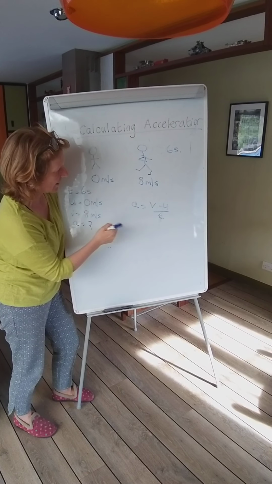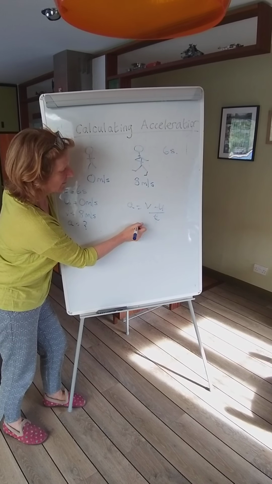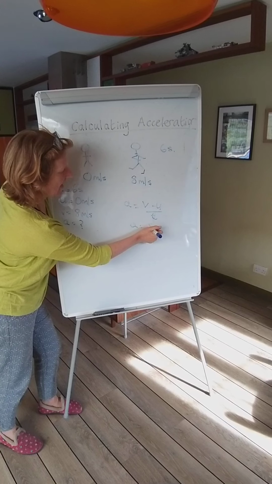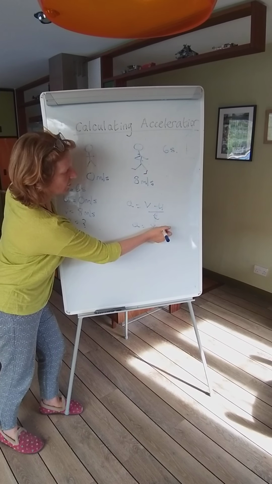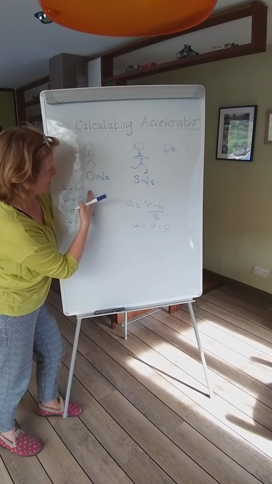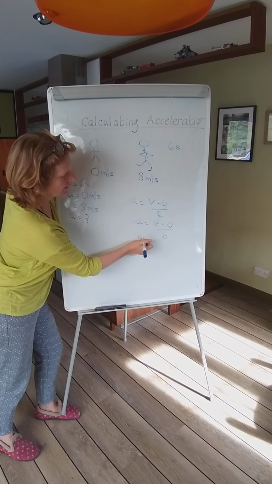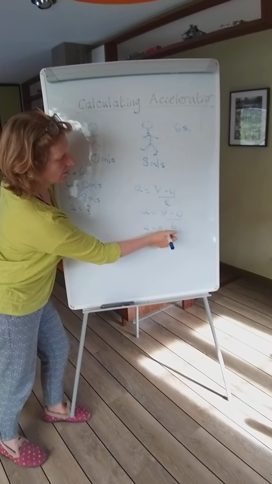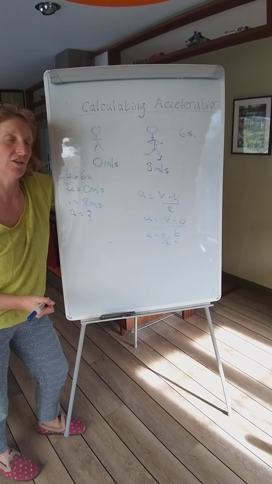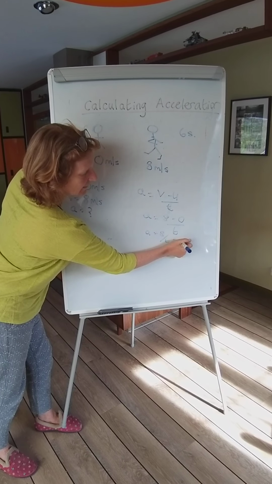So, okay, now what we're going to do is put numbers instead of letters. So acceleration is equal to V, 8, minus U, which is 0, all divided by the time, which is 6. So the acceleration is 8 divided by 6, which is 1.3, and I'll round it up.